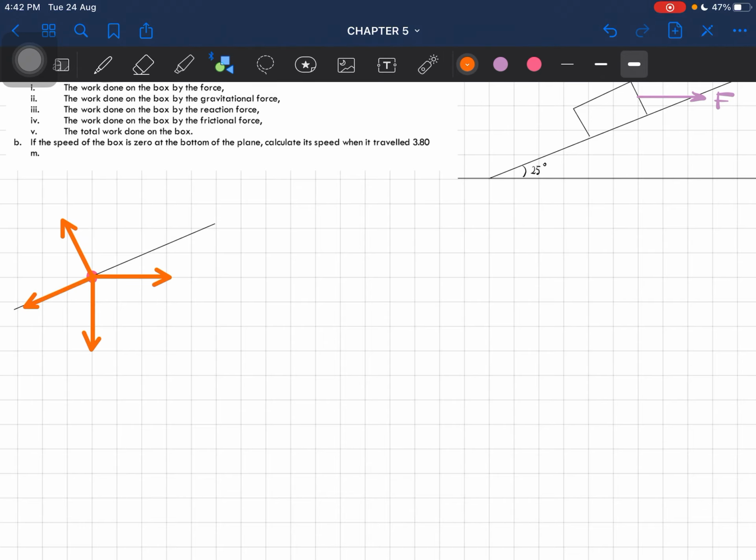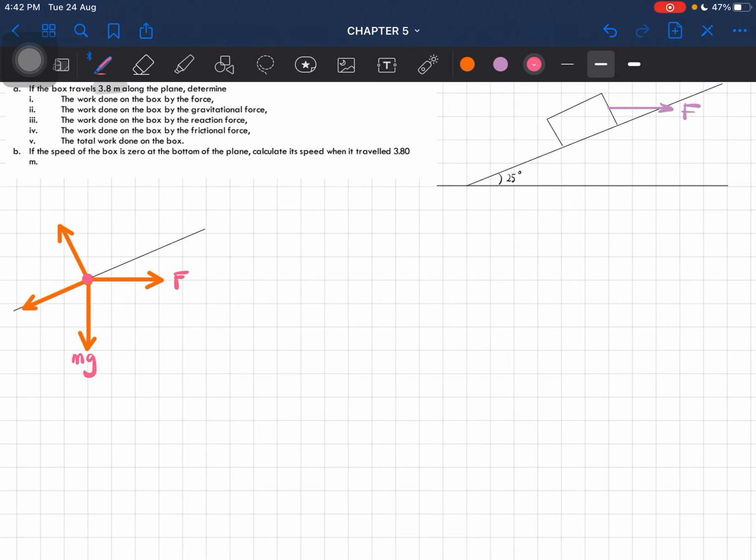The only thing we don't have is the tension, sebab there is no rope. So why would we have tension? This is the object, this is the mg, normal force, and frictional force, Fk.